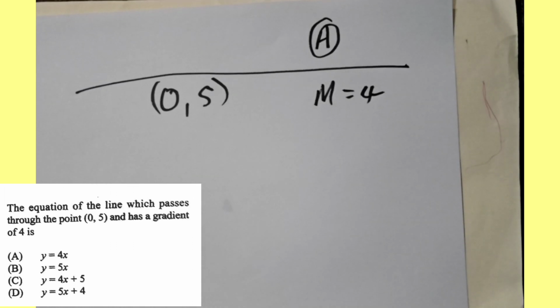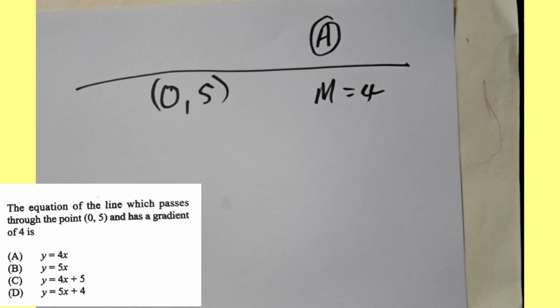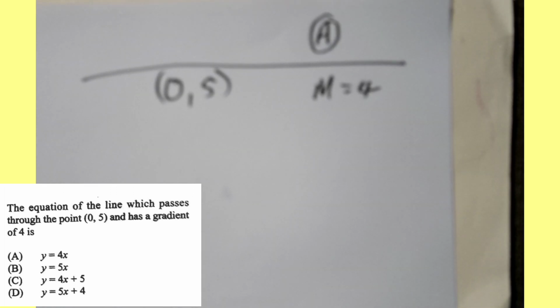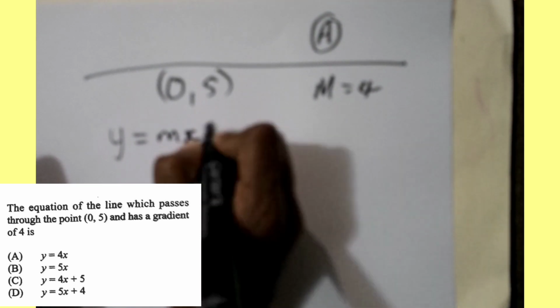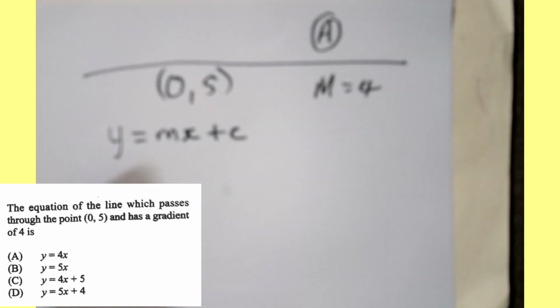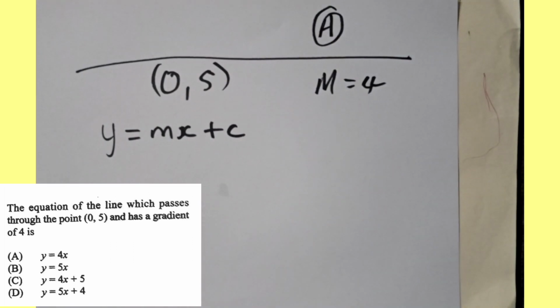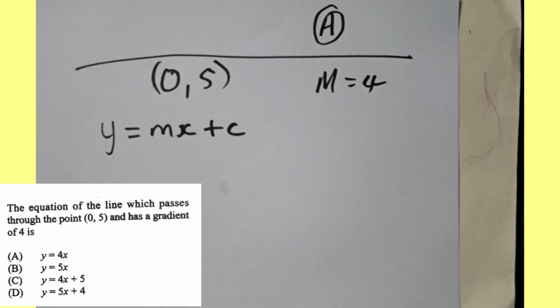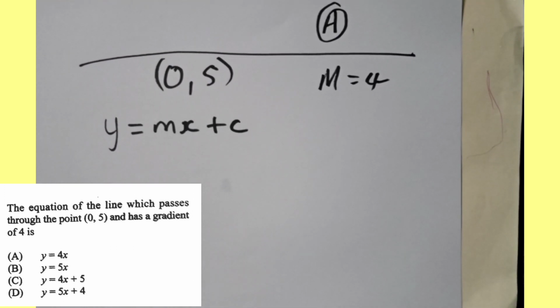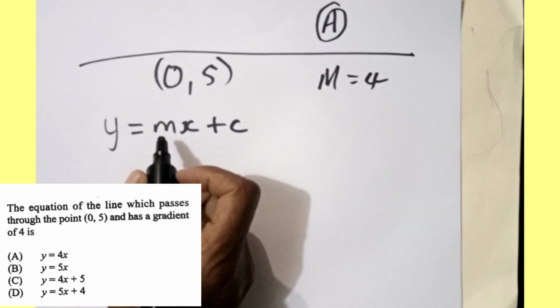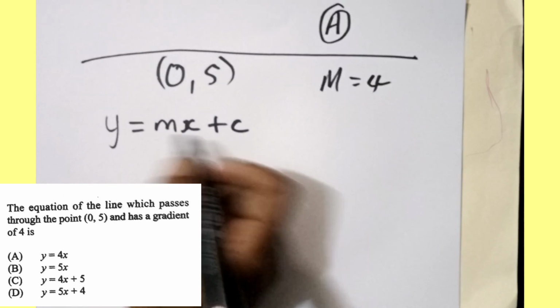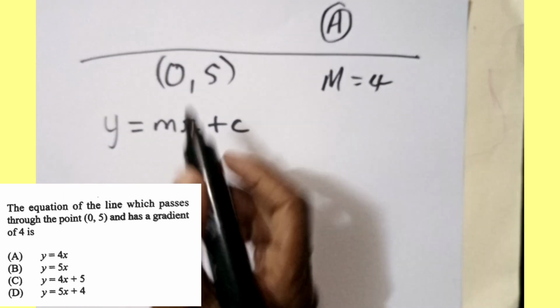All right, so let us look at the equation again for a straight line, which is y equals mx plus c. All those equations there from A to D are written in the form y equals mx plus c. So you can go ahead and substitute the values to see which one is correct.